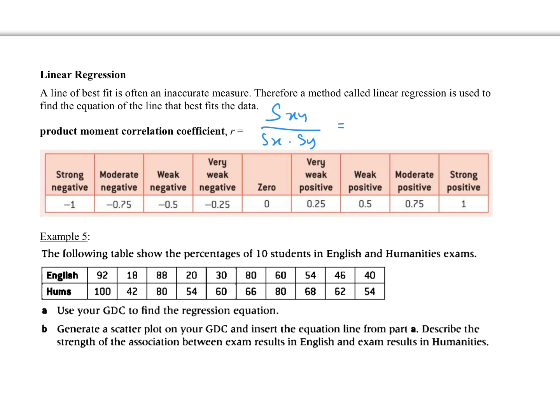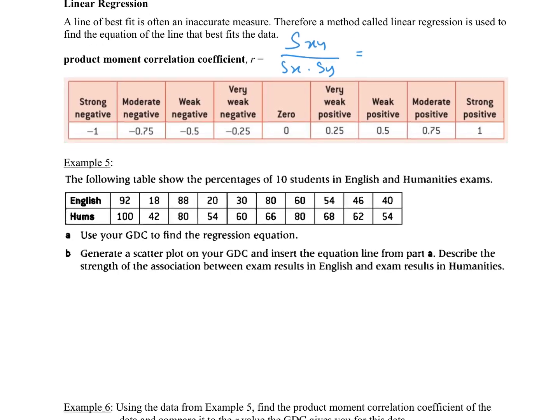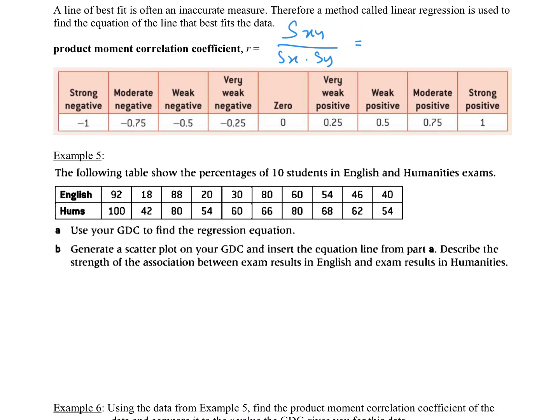We're not going to calculate this manually; we're going to use the GDC to help us calculate the R value. For the R value, if it's 0, there's no association. Then we have -1 being strong negative and 1 being strong positive.